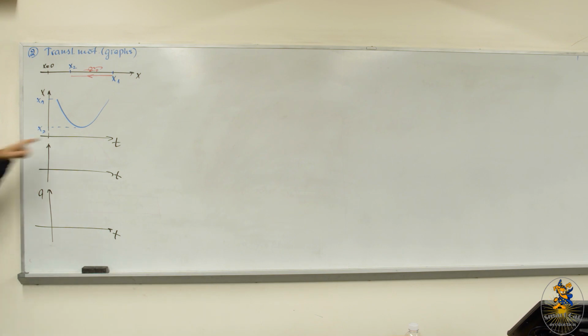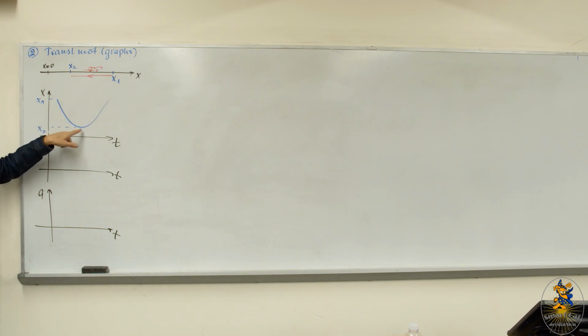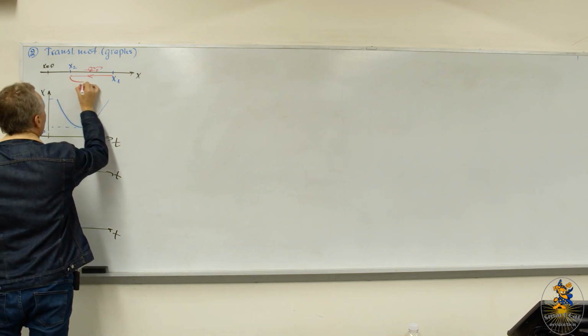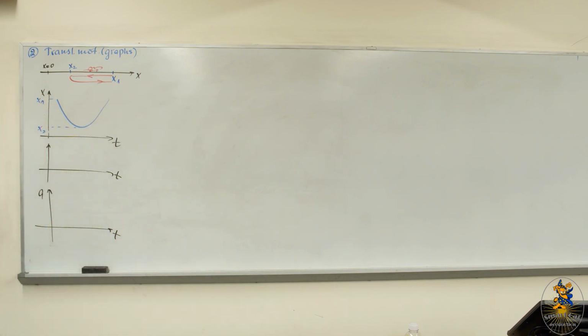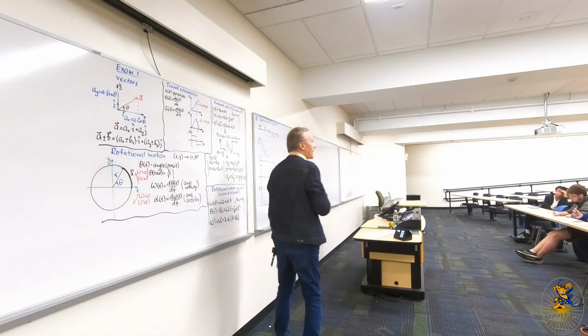And after that, the object's x starts increasing. So at this point, the object turned around and started moving in the positive x direction. Now x is increasing. So x2 is a turning point, and now the object is coming back to the initial point. So that's what happens to x.